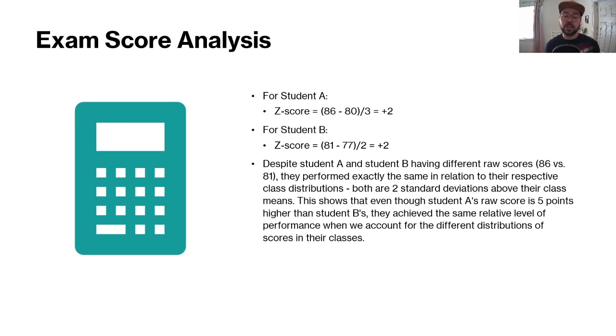So if the fall 23 student performed at a +2 and then the fall 24 student performed at a -2, then I'm going to start asking questions about what it is that I'm doing, right?